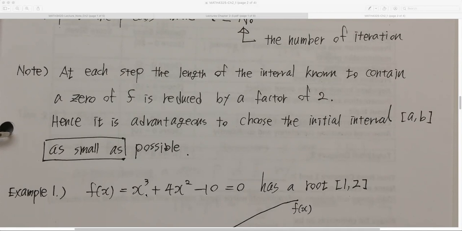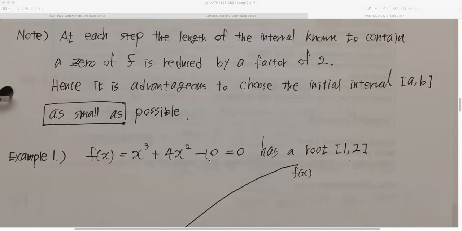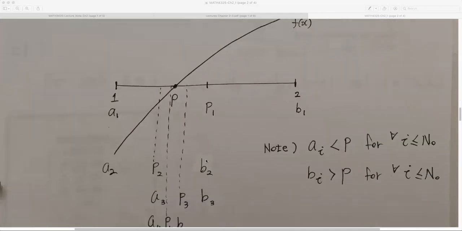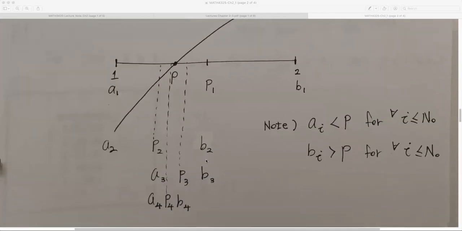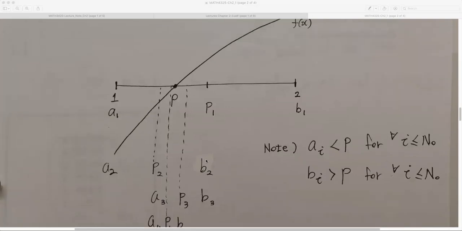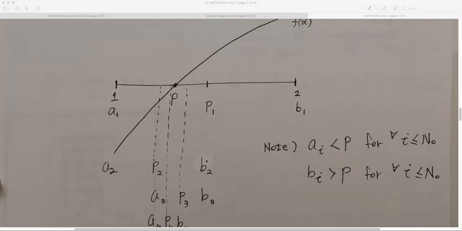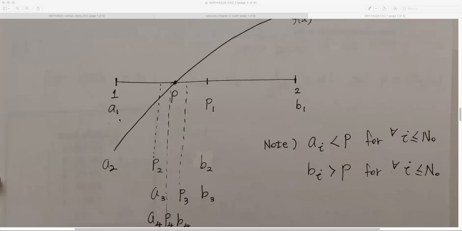Okay, in this case, let's see. And then the other thing is this. Keep in mind this: a1, a2, a3. The a_i must be less than p and the b_i must be greater than p, so that at every step the intervals must contain the root.